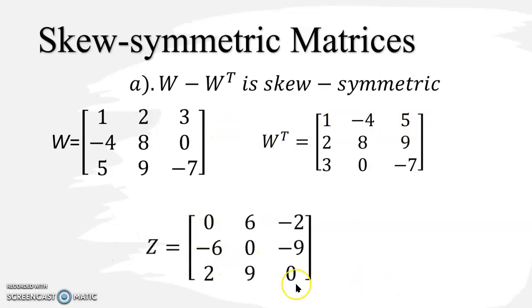I end up with zeros down the diagonal and matching entries across the diagonal with changing signs. So yes, that is skew-symmetric. I just showed a random example. If I really wanted to be official, I'd probably use things like A sub 1,2 and A sub 2,3.